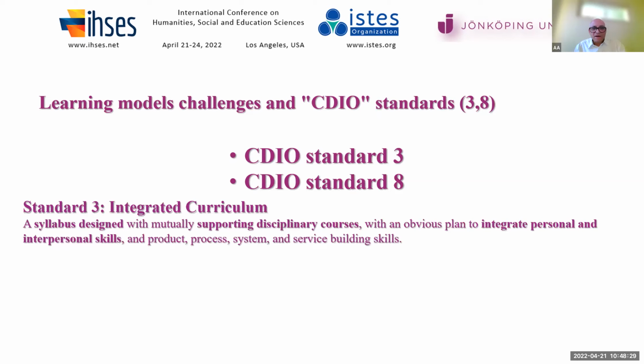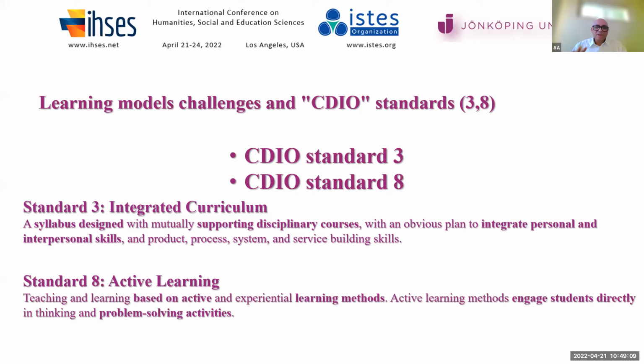For standard 3, how can we integrate? It relates to syllabus design or study guide design, supporting the course discipline and our materials, integrated into activities in the school, the university or the course. This is integration based on interpersonal skills, which can build skills for the students after that.